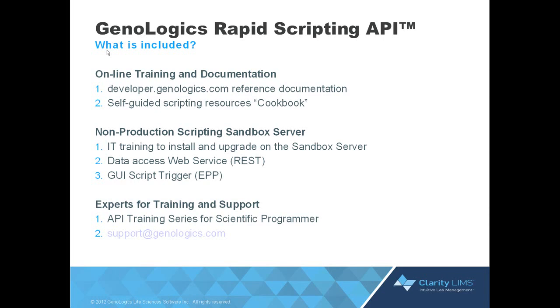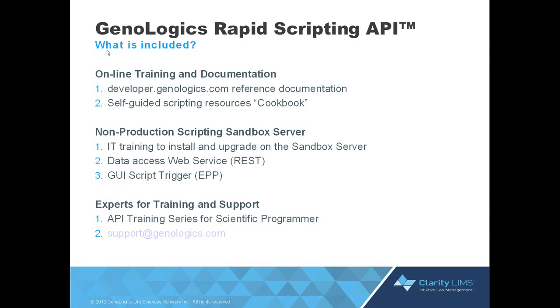The developers.genealogics.com site contains all of the reference documentation that you will need for using the Genealogics API, as well as a whole bunch of other materials which we term the cookbook. So these are small scripts which illustrate concepts and you can use as the base of some of the scripts that you'll be writing yourselves, and so you definitely want to spend some time checking out the cookbook.